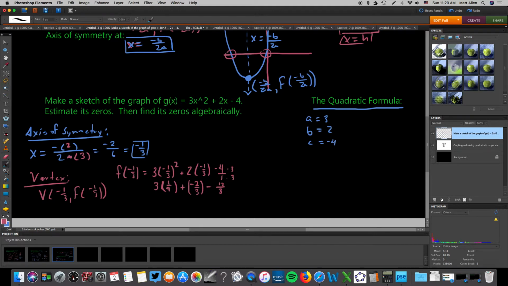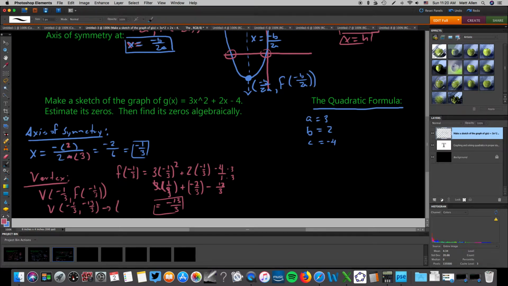Looking at this now, this is going to become here a positive 1/3. And when we take that positive 1/3 plus a negative 2/3, positive 1 and negative 2 is a negative 1. Negative 1/3 plus negative 12/3 is negative 13/3. Ooh, yikes.